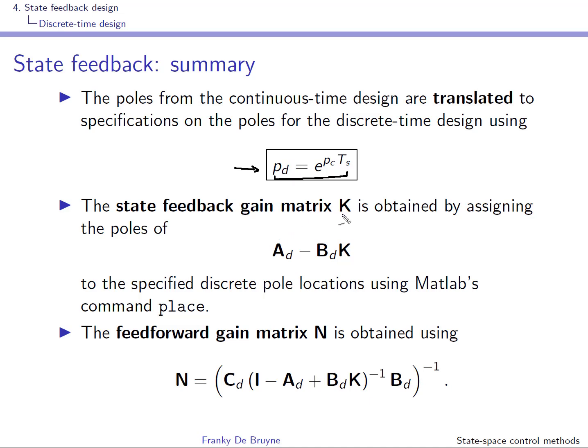You can compute the state feedback gain matrix K using Matlab's command place. Place will use the realization AD, BD and the discrete time pole locations. Once you have the state feedback gain matrix K, you can now compute the feedforward gain matrix using the following formula over here. And again, because this is a source of mistakes, this formula is different than the one that we had for continuous time design.